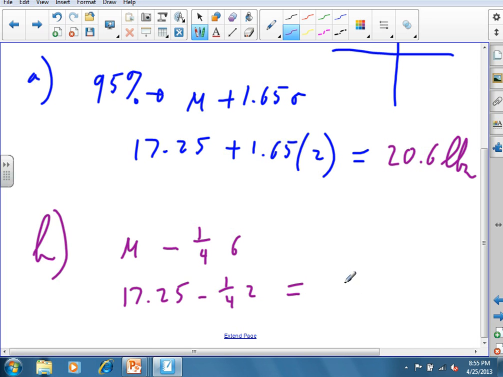So that would be 16.75. And they wanted 2 decimal places, and we gave them 2 decimal places. And so all we need is a pound. And that makes us done with chapter, what chapter is that, 16?